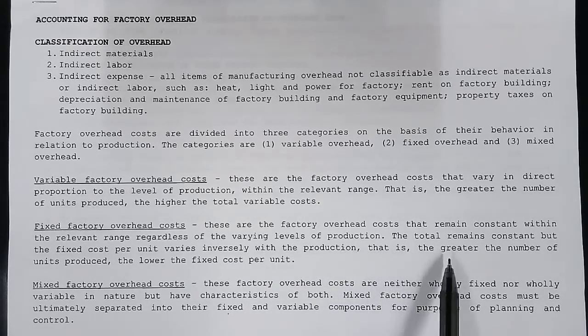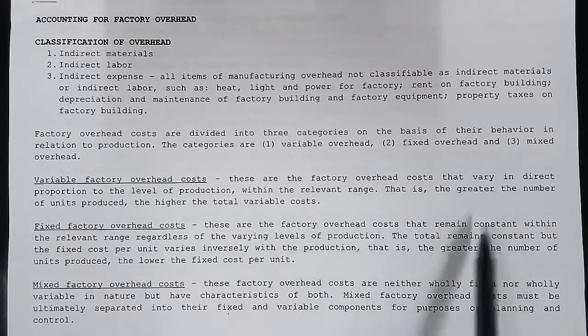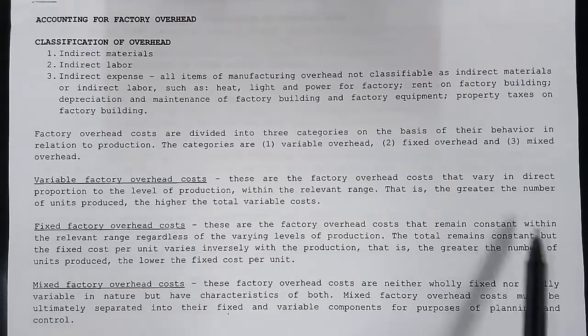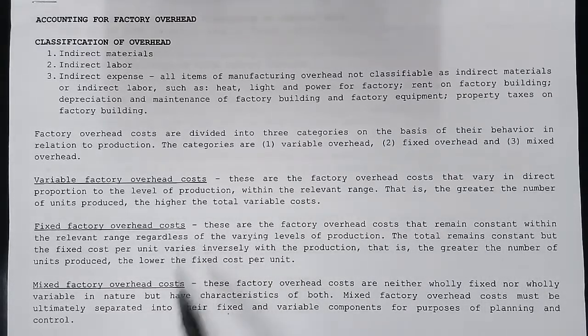That is, the greater the number of units produced, the lower the fixed cost per unit. Okay. This fixed factory overhead cost, its behavior is fixed, remaining constant within the relevant range of the varying levels of production.